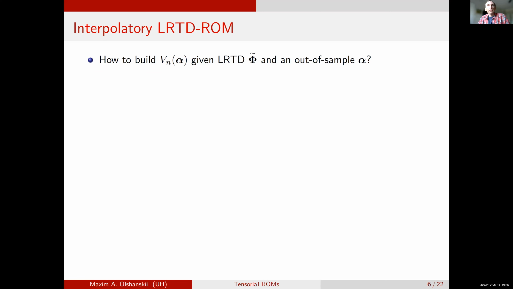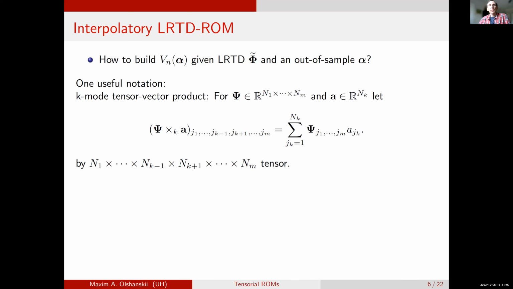All right, so this is the question I want to address right now. There are several ways how to do this if we have LRTD. And one natural way is to do what we called in-tensor interpolation. To explain this procedure, I need one useful notation of K-mode tensor vector product.